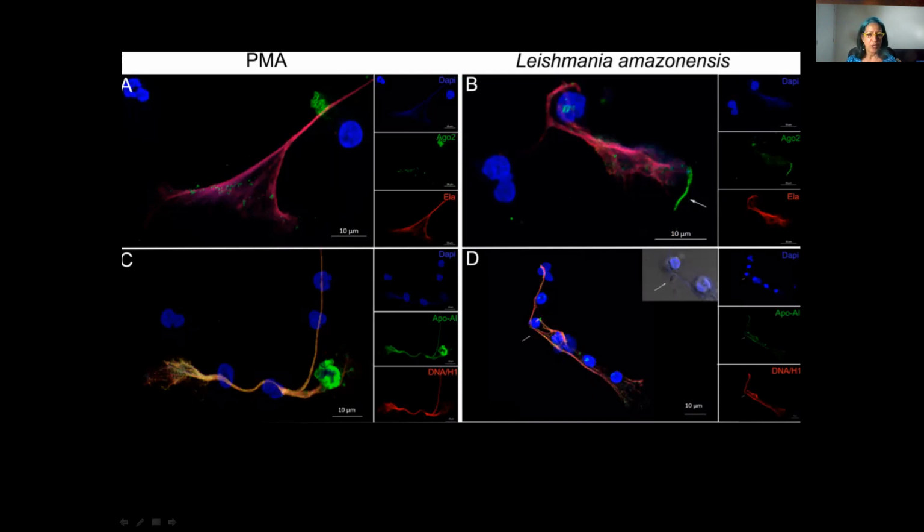And also we load the NETs with apolipoprotein A1. So again, you have the DNA, the apolipoprotein in green, and an antibody that recognizes histone, and you see the colocalization in PMA-induced NETs, and also in Leishmania-induced NETs.